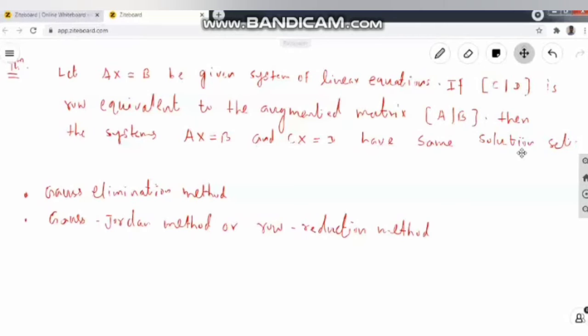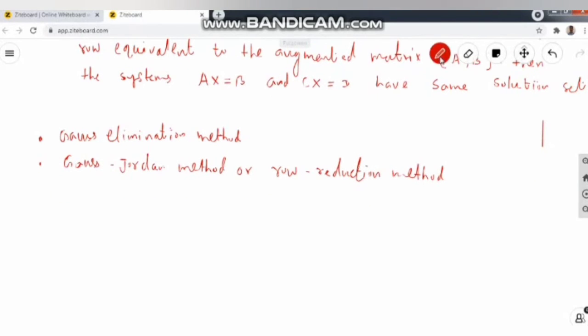In the Gauss elimination method, suppose we have the given system of linear equations Ax equal to b, and we want to solve this system.